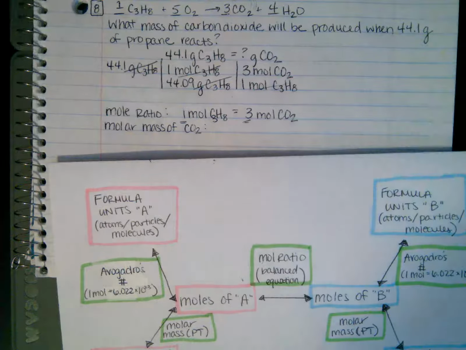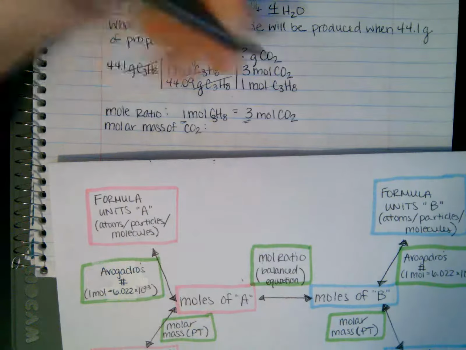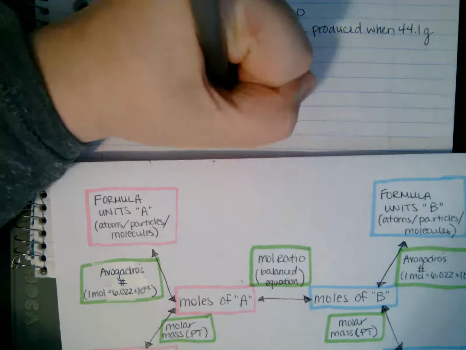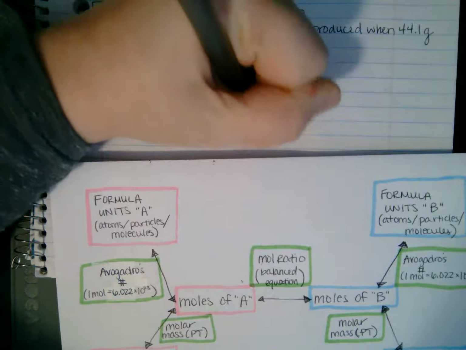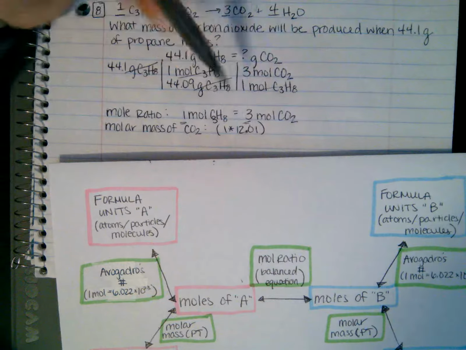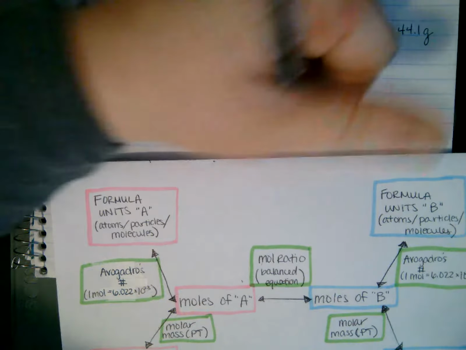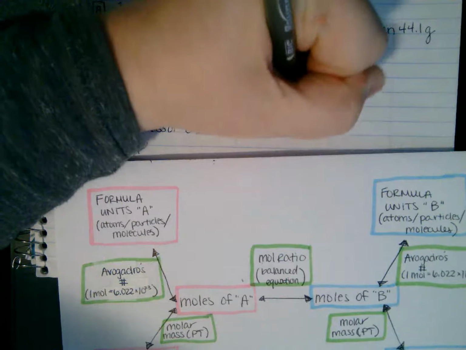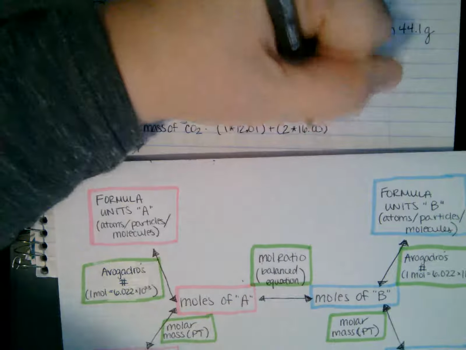What is the molar mass of carbon dioxide? Well, you have 1 carbon, and carbon's molar mass is 12.01, and you have 2 oxygens, and oxygen's molar mass is 16.